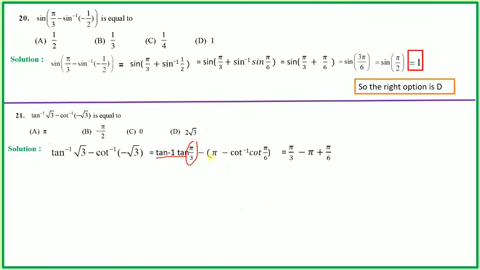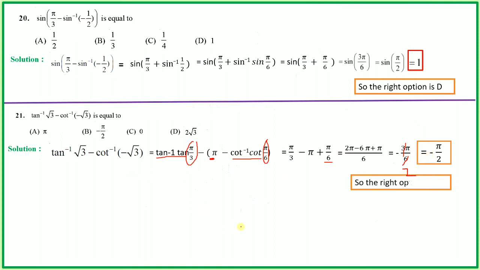So pi by 3 minus pi, and minus minus becomes plus, and cot inverse and cot are also removed because pi by 6 belongs to the first quadrant. So with LCM 6, this equals 2 pi minus 6 pi plus pi, that is minus 4 plus 1, minus 3 pi by 6, which is minus pi by 2. So minus pi by 2 means B is the right option.